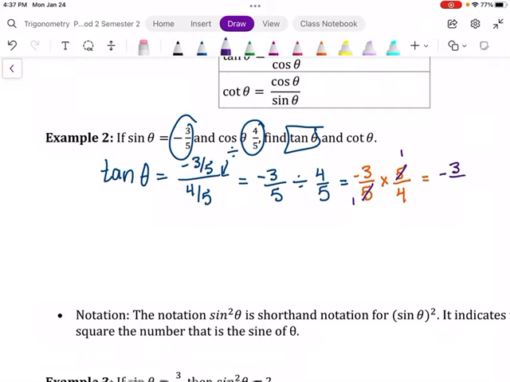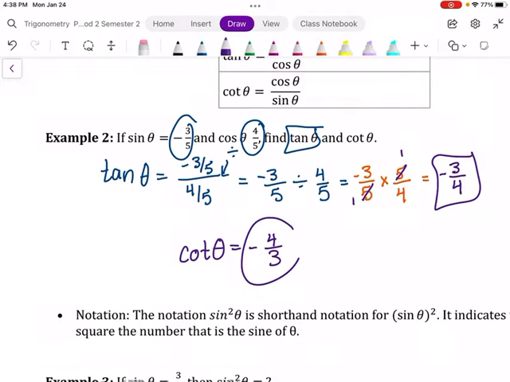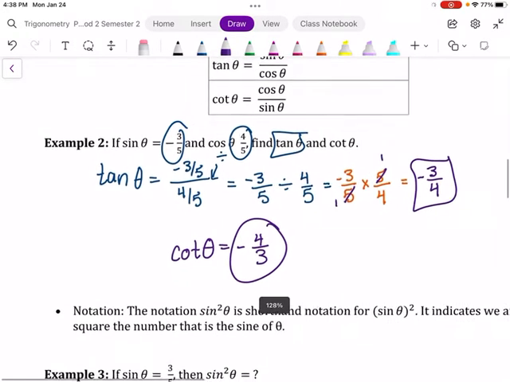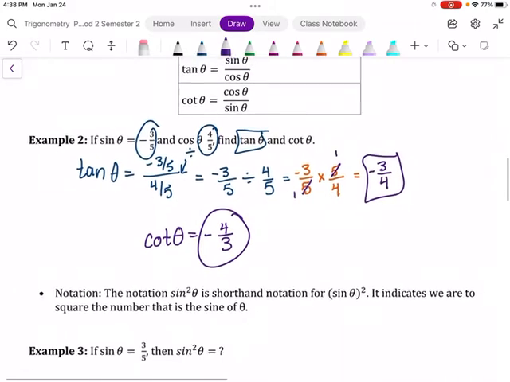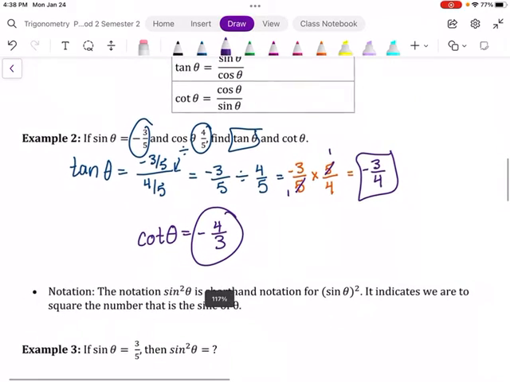And this is going to become negative 3 over 4. And once you figure out what one of them is, you can figure out the reciprocal function. So cotangent is just going to be that fraction flipped over, or the reciprocal of it. So that's how you can use those identities to find a missing function.